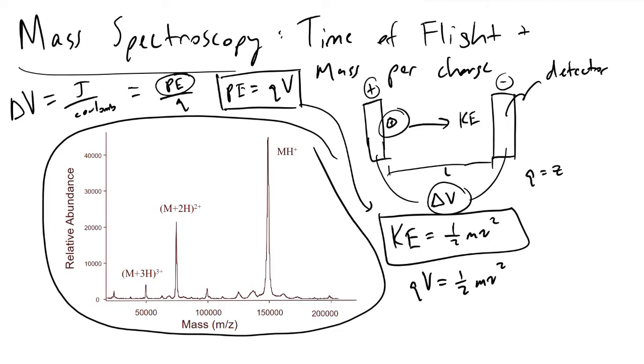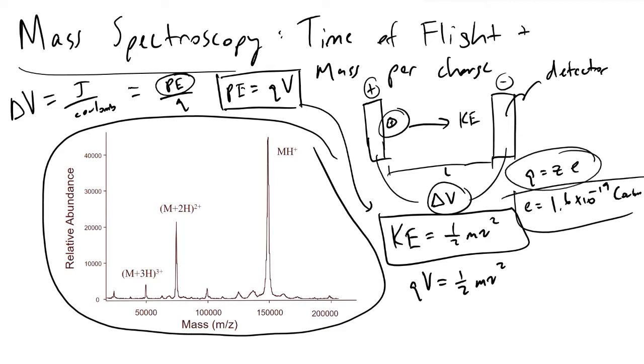Then we multiply this by E, which is the charge per electron. E is the constant 1.6 times 10 to the minus 19th coulombs, a physical constant. We're never going to change that, but I will substitute in Q equal to ZE in this relationship here.